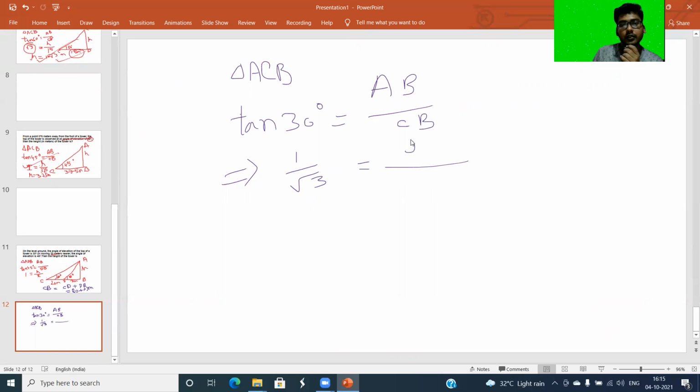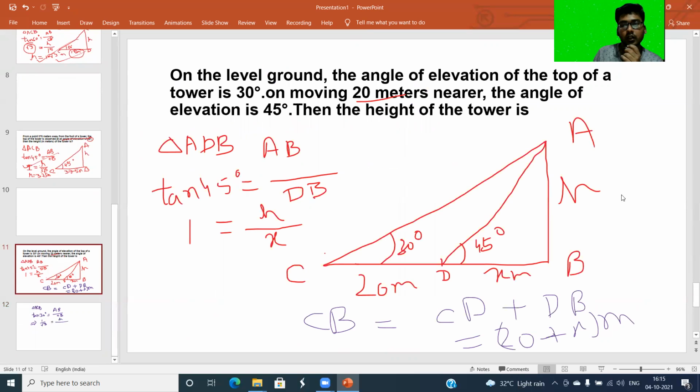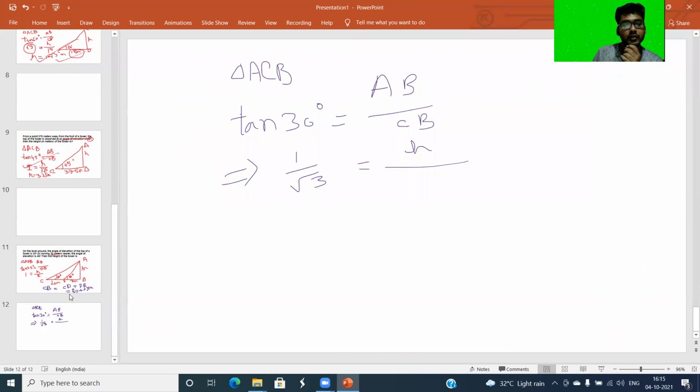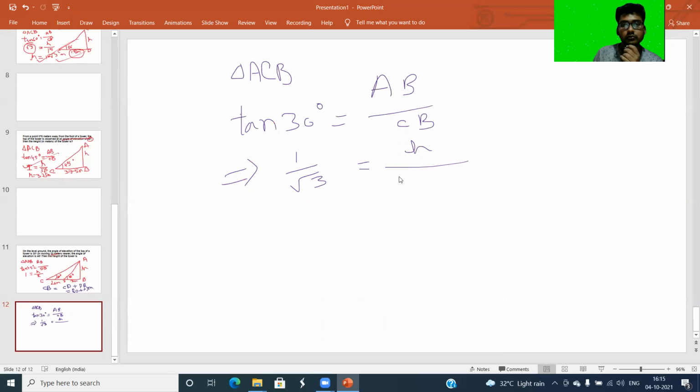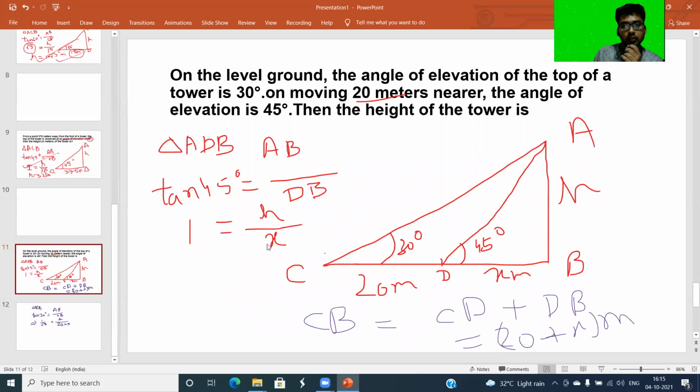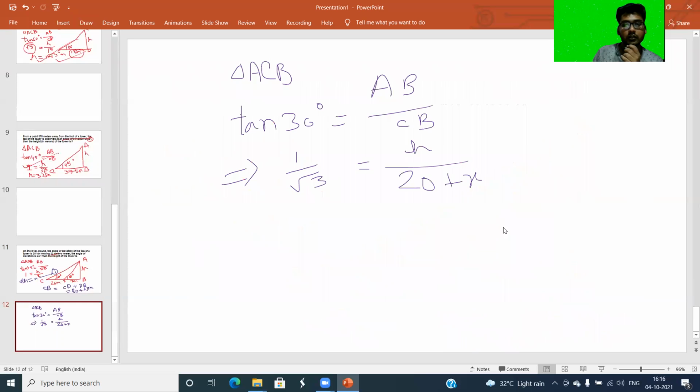AB means H, the height of the tower, and CB means CD plus DB, that is 20 plus X. From equation 1, H equals X. So 1 by √3 equals X by 20 plus X.